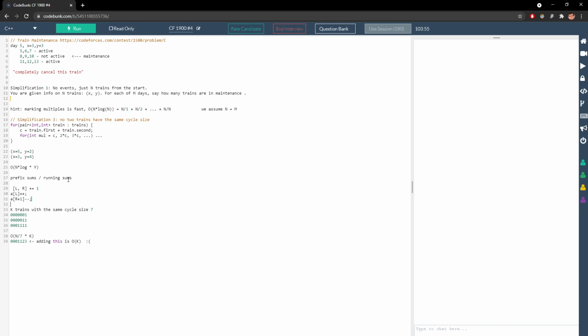To achieve that, let's focus on the following. Can we deal with small cycle size, like equal to 7, in nice time complexity? So in some other way than iterating over multiples.